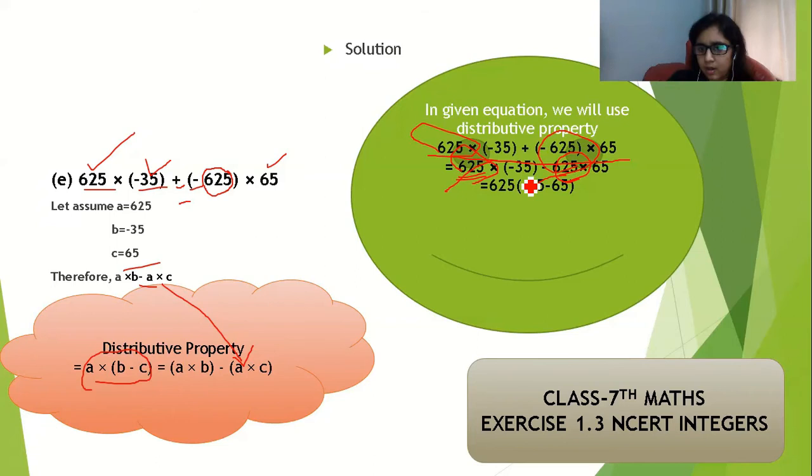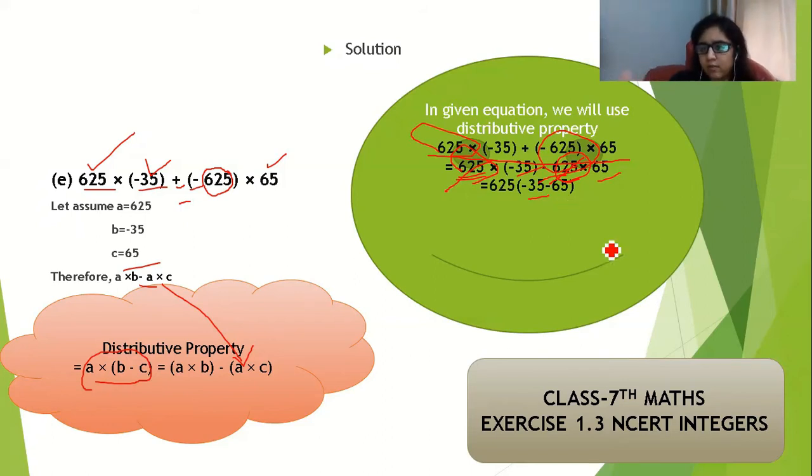I have left this minus 35, which I have written in the bracket, and this 625 is outside, so I have left 65. So I have written down minus 35, this minus is the same in the next step, and this 65 is also the same in this step.